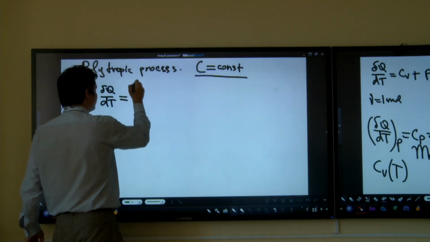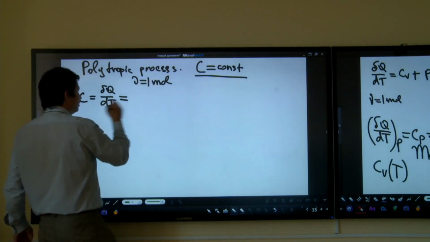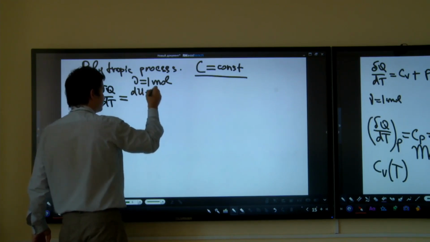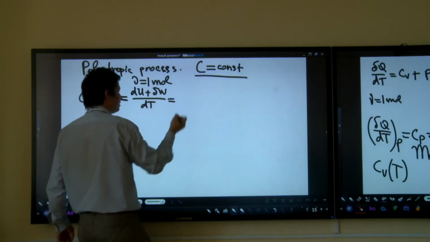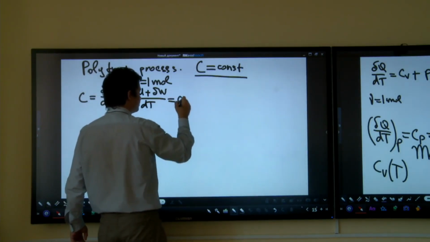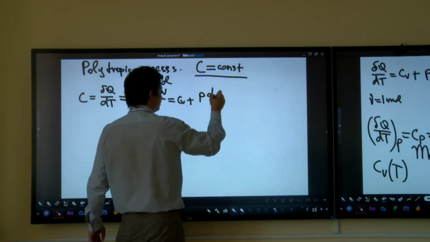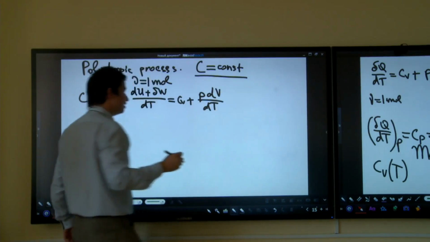We also restrict ourselves to 1 mole of gas for simplicity. So that gives me dU over dT plus P dV over dT.